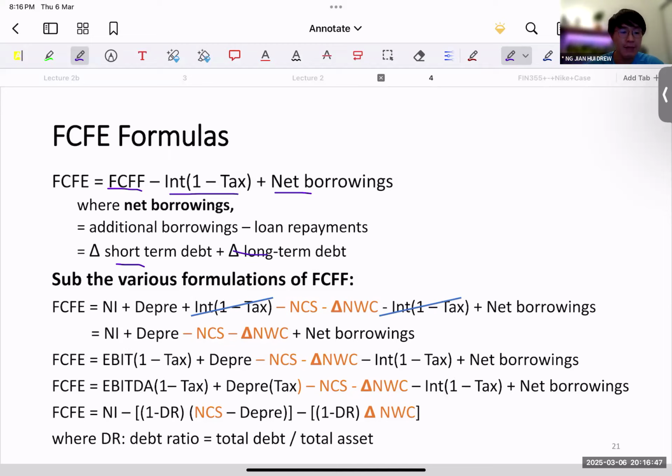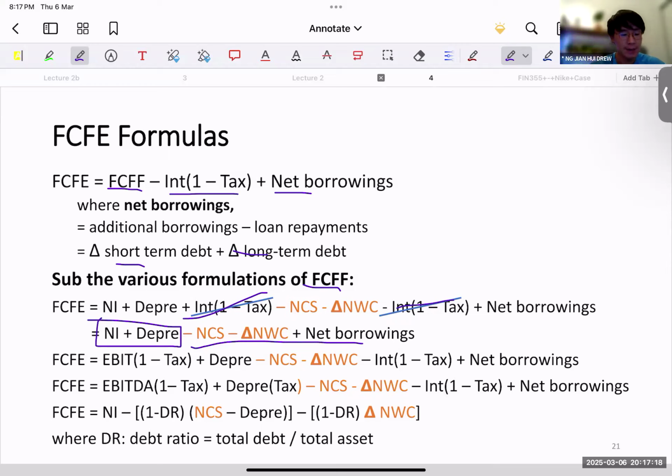Then we substitute the various formulations of our FCFF here. In this sense, we substitute the net income version, and we can actually cancel out the interest times (1 minus tax rate). And so we get a more simplified version like this, plus our net borrowings.